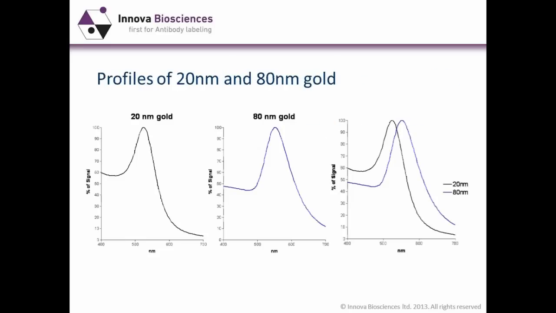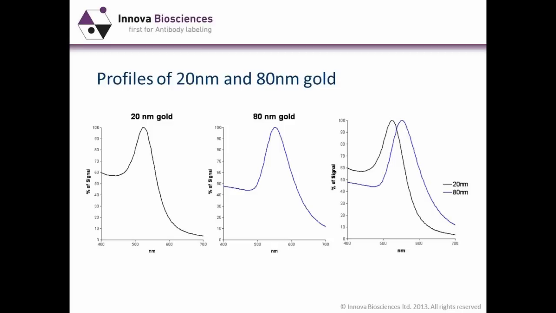And I'm going to illustrate this with 20 nanometer and 80 nanometer gold, which give these profiles. So this is 20 nanometer, 80. When you overlay the curves, you can see that the 80 nanometer size is right shifted. So this is the size sensitive region, and the 20 nanometer plasmon band is shifted slightly to the left.